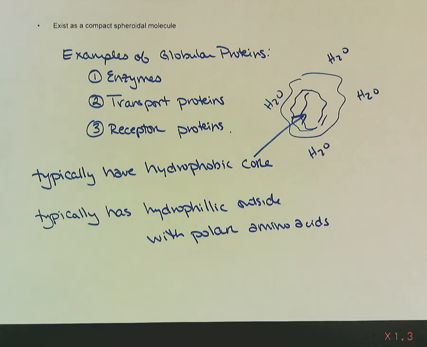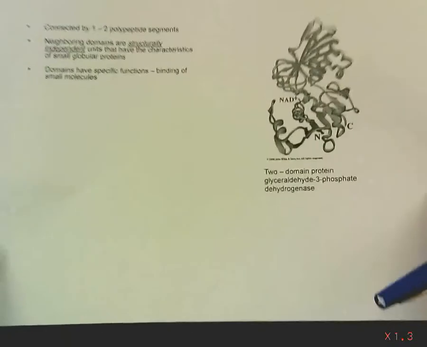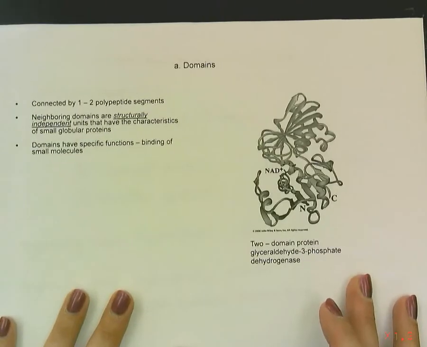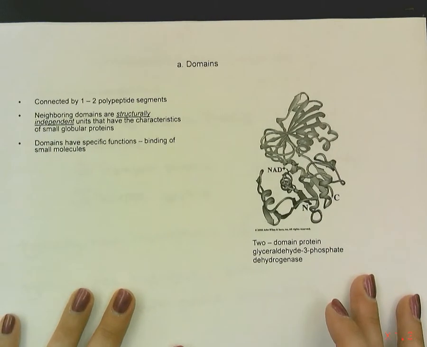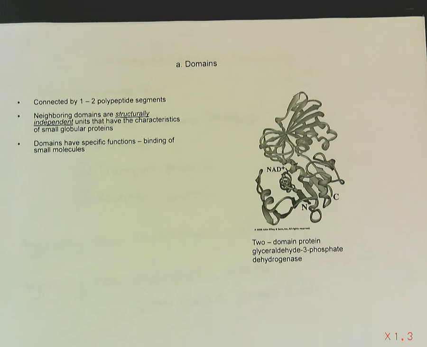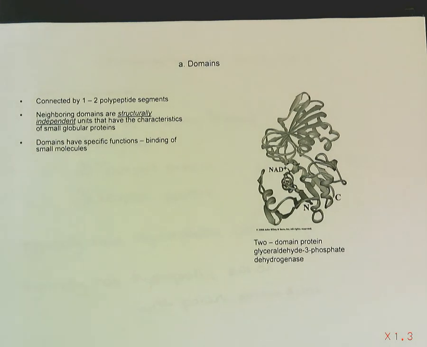So let's take a look at an example of a protein and how we kind of describe what's going on inside it. So this is an example of a 2-domain protein. Specifically, it's glyceraldehyde 3-phosphate dehydrogenase, which in about 2 weeks, you'll be able to tell me what this protein does based on just its name.